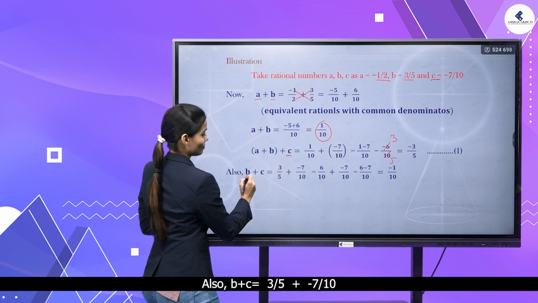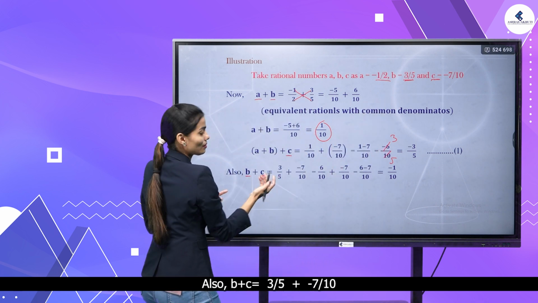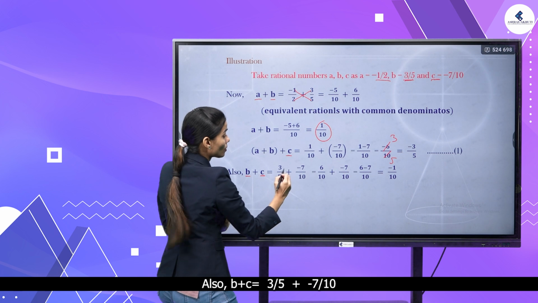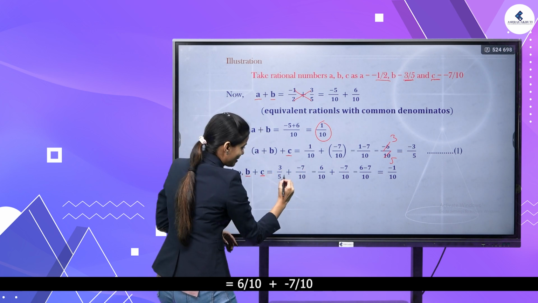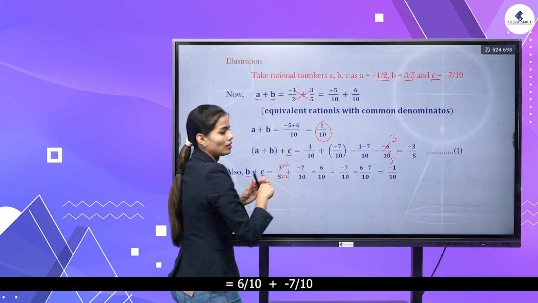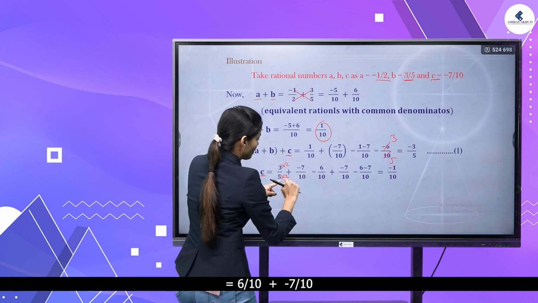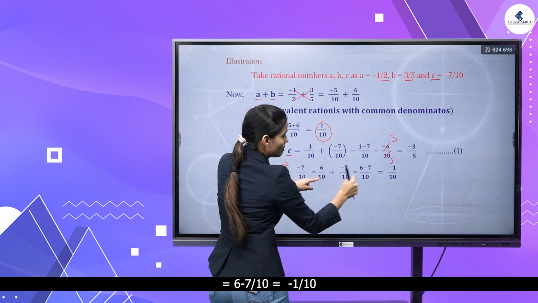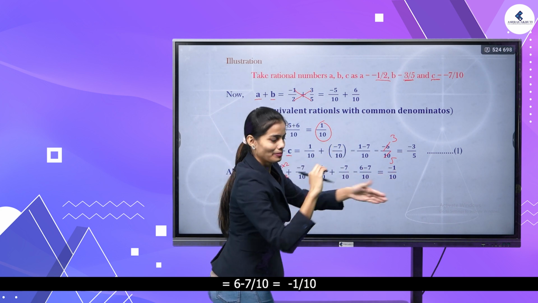Also, b plus c is equal to 3 by 5 plus minus 7 by 10, is equal to 6 by 10 plus minus 7 by 10, is equal to 6 minus 7 by 10 is equal to minus 1 by 10.